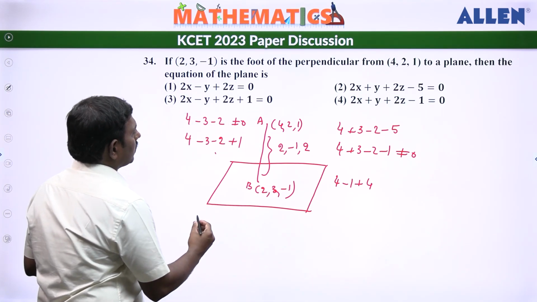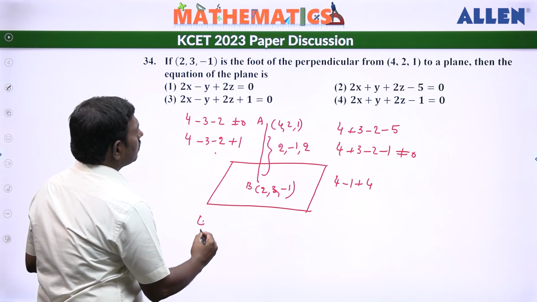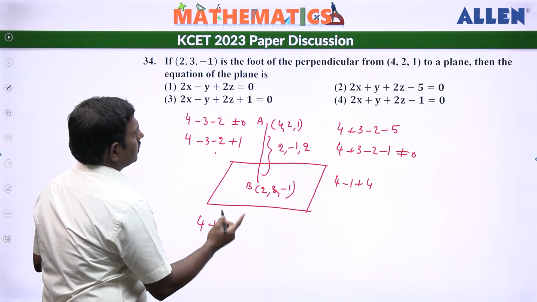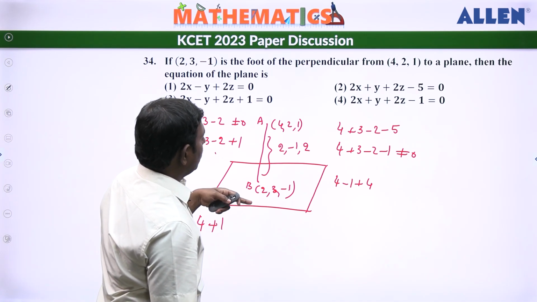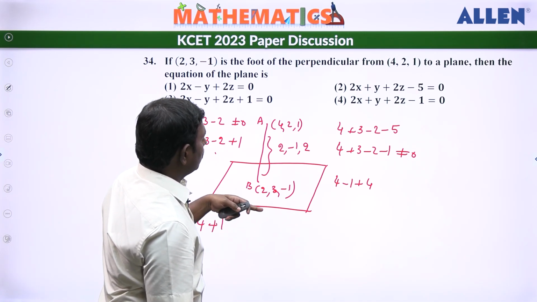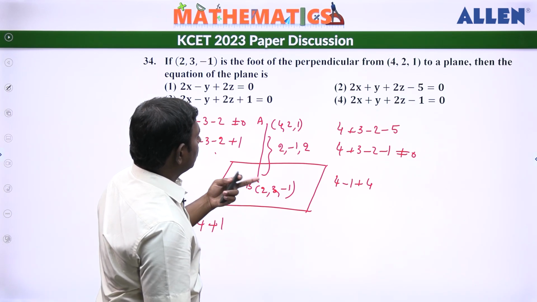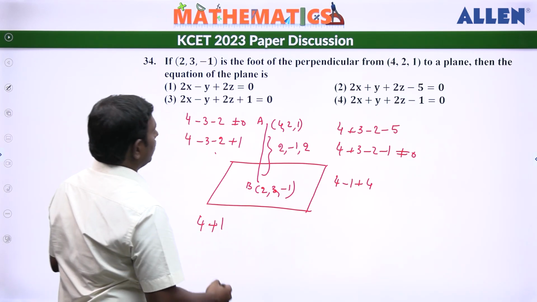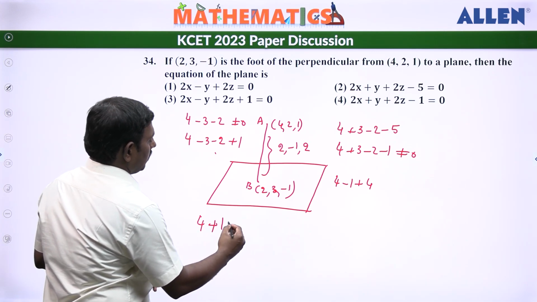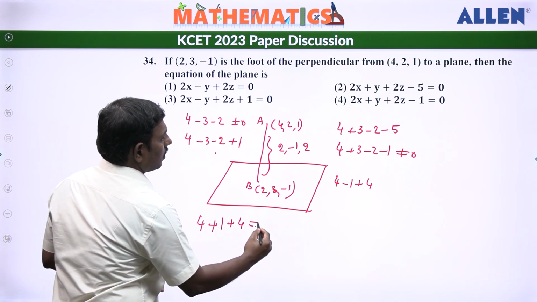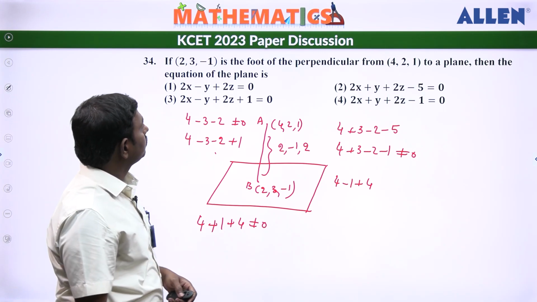When you check option number 3, the DRs are 2, minus 1, 2, so the dot product is 4 plus 1 plus 4. So here also the dot product is not equal to 0.